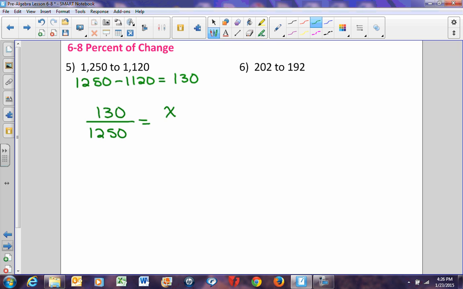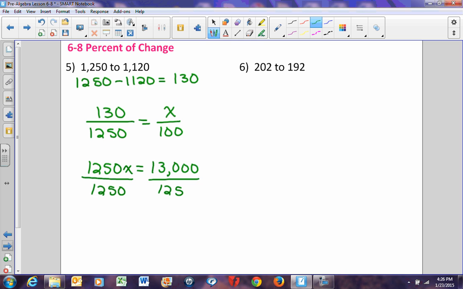That equals x over 100. 1,250x equals 13,000. Divide this by 1,250. 13,000 divided by 1,250 is 10.4. So it's a 10.4%, and in this case, it went down, so it's a decrease.